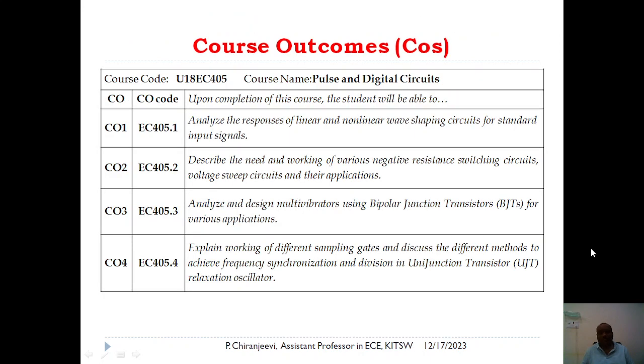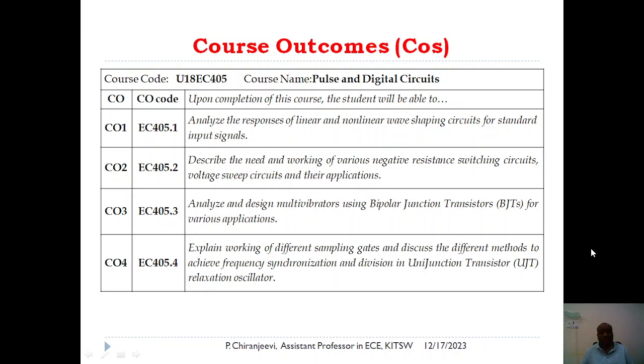And the course outcomes of pulse and digital circuits include, after completion of this course, you will be able to analyze the responses of linear and nonlinear wave shaping circuits for standard input signals, and describe the need and working of various negative resistance switching circuits, voltage sweep circuits, and their applications.